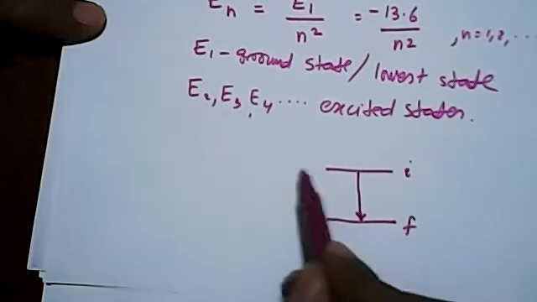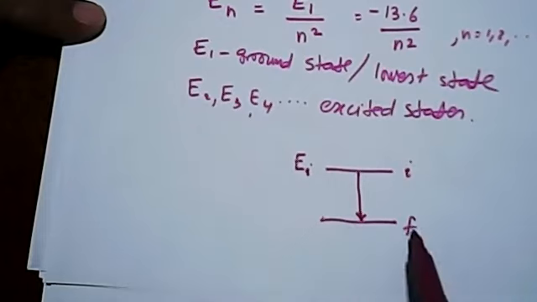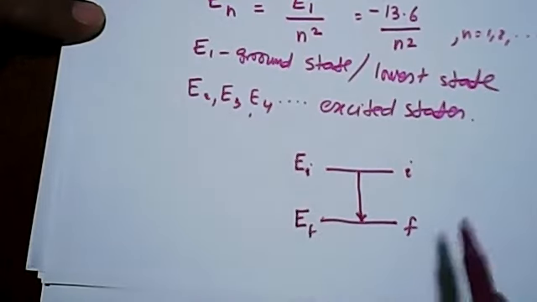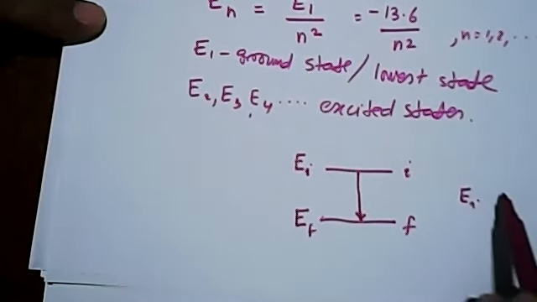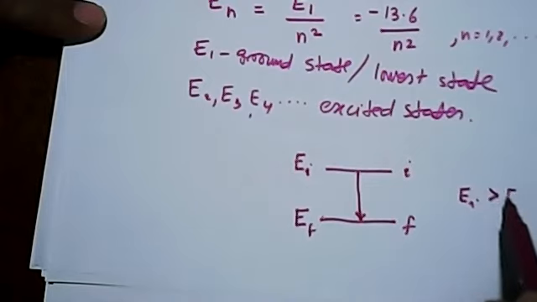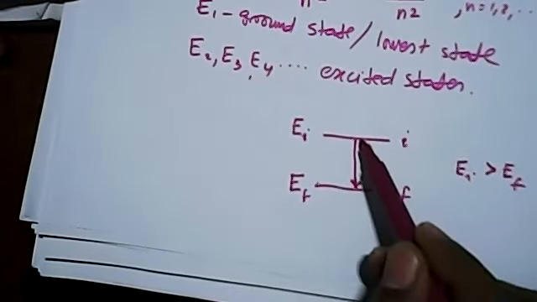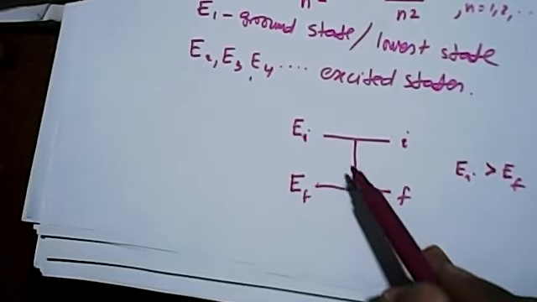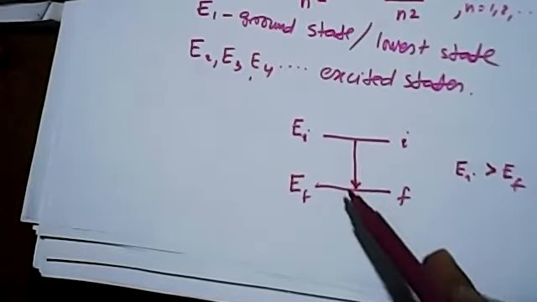So the energy corresponding to the initial state is EI, and the energy corresponding to F is EF. Naturally, EI is greater than EF. Okay. So if the reverse thing happens, that is absorption.